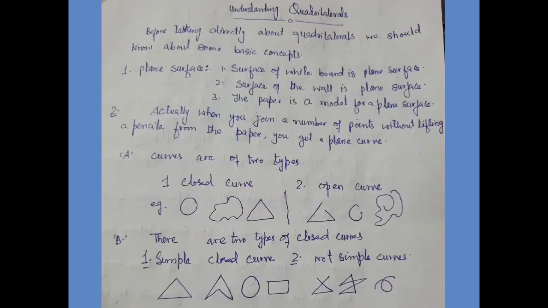The curves which are closed and not crossed over each other. Number two, under two, the examples are the shapes shown in number two that are not simple curves. They are crossing each other somewhere, so they are not called simple closed curves.